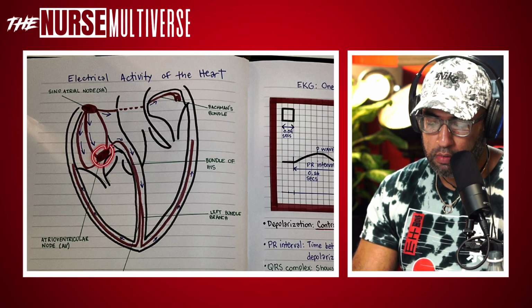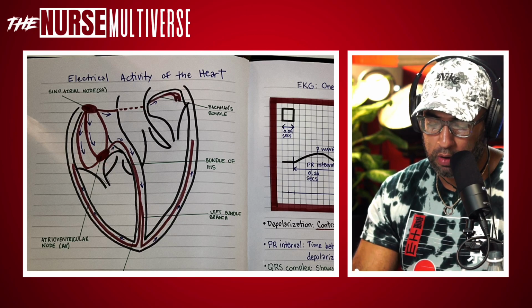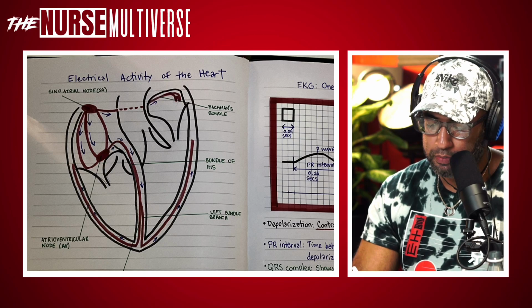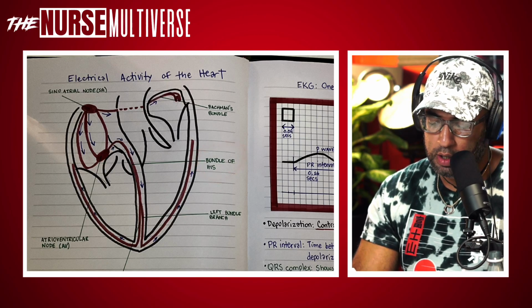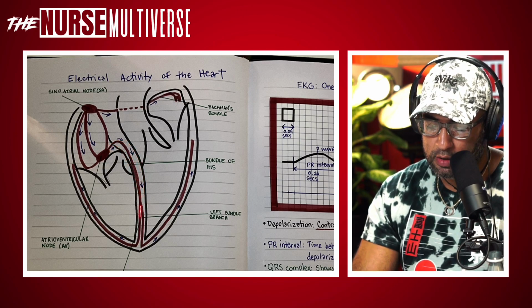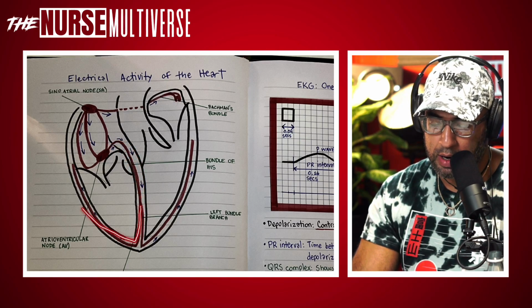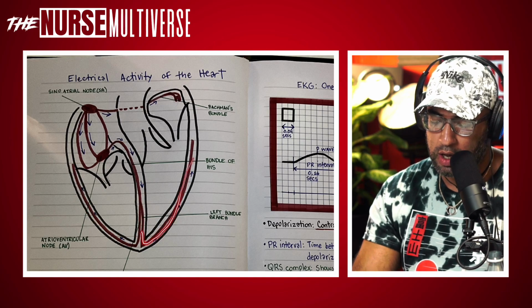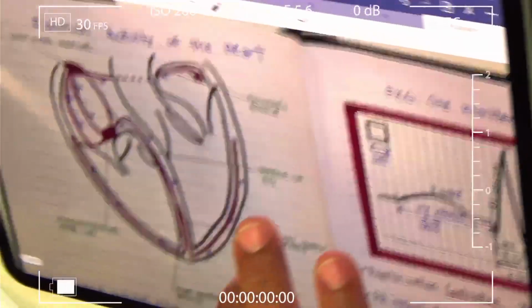In the same way, we have the atrioventricular node. It travels down the septum, the middle of the heart, and is called the bundle of His. And then it divides. It goes to the right bundle branch and the left bundle branch. So that's pretty much the innervation of the electrical activity of the heart.